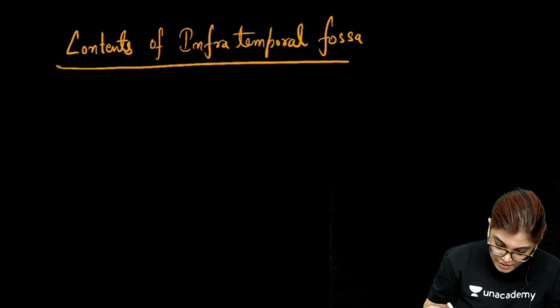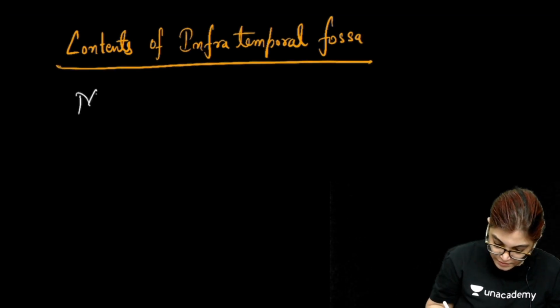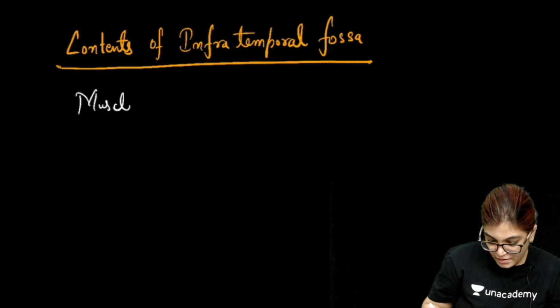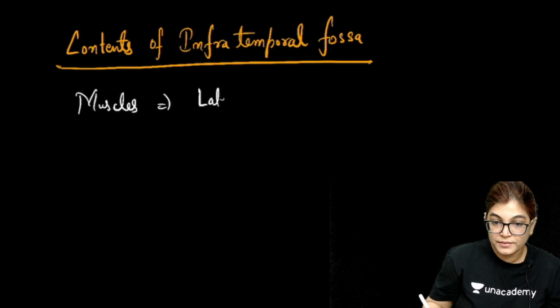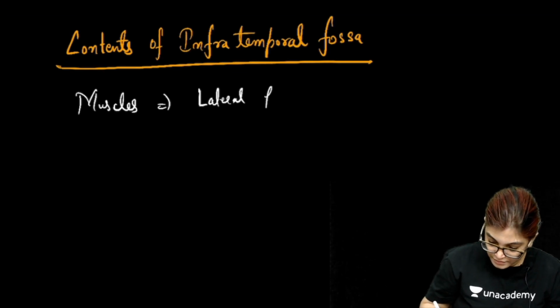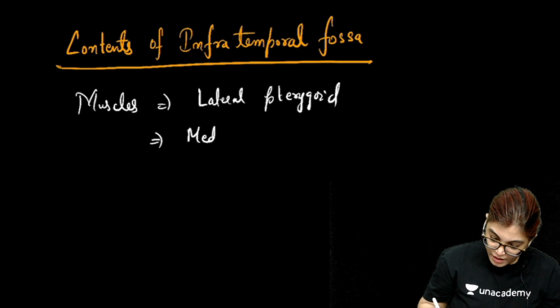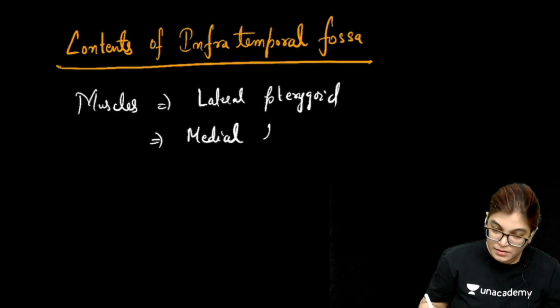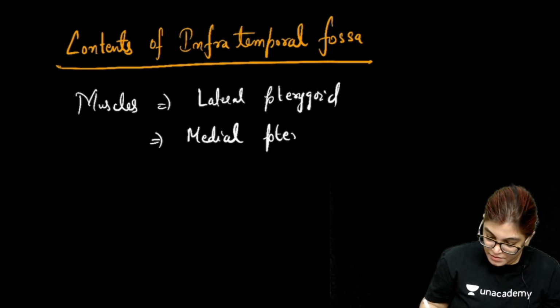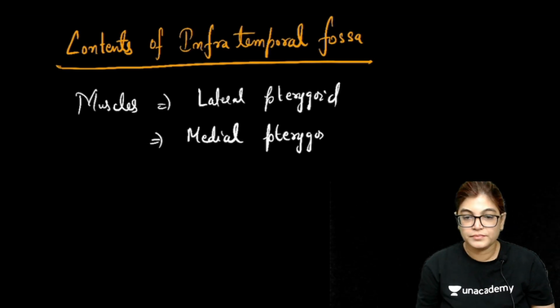Contents are, first, muscles: lateral pterygoid, medial pterygoid, temporalis.